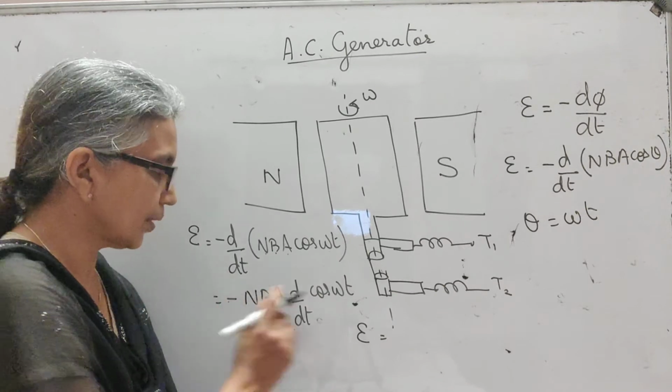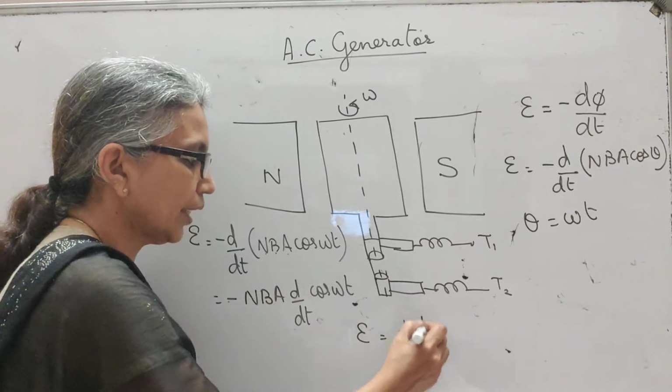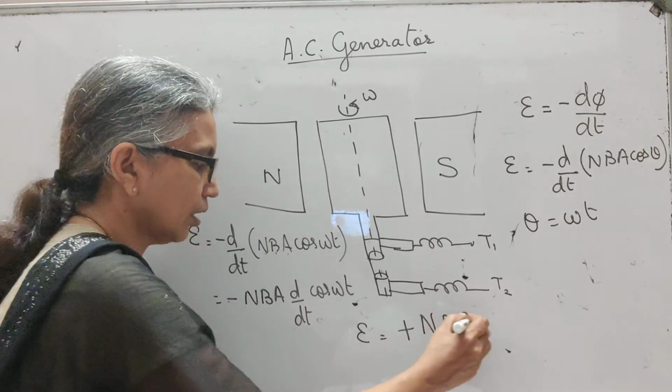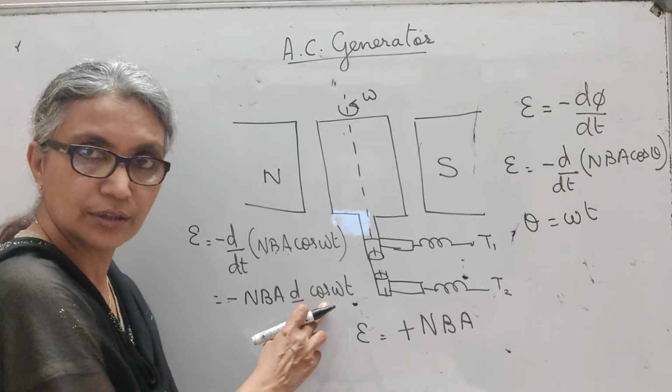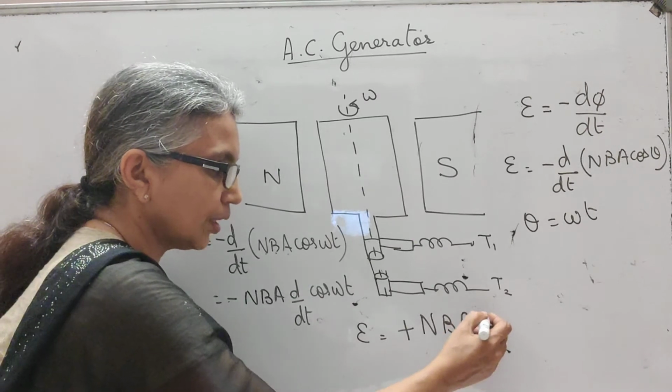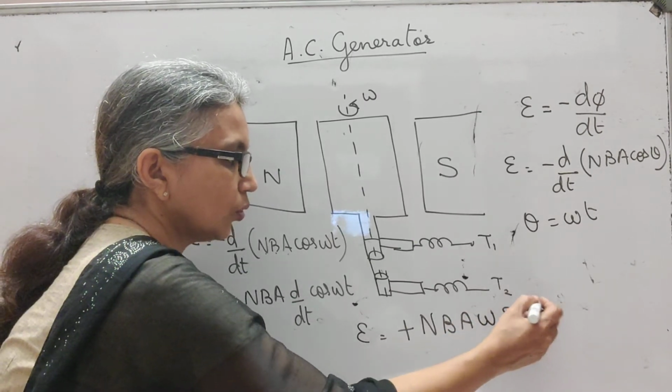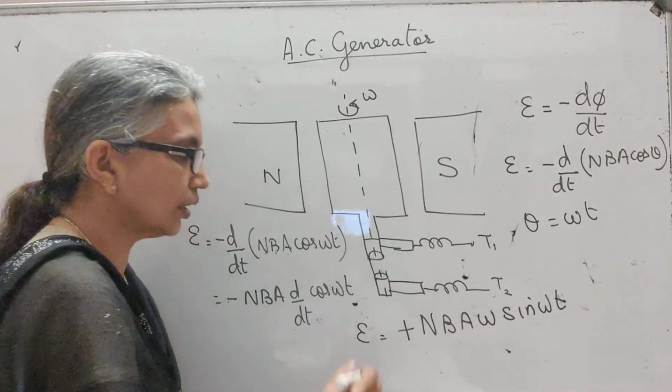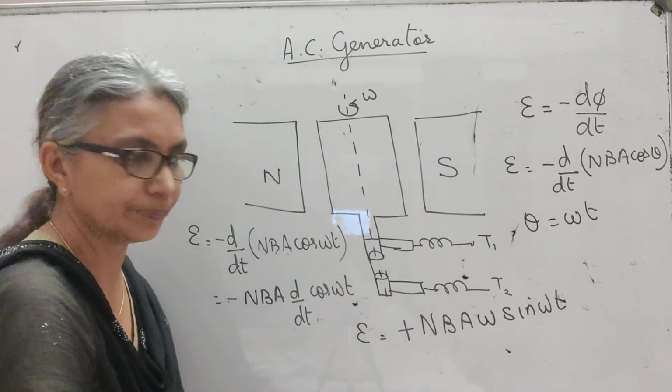So that minus and this minus, I put a plus here, NBA omega, and we have sin omega t. That is the induced EMF in this coil.